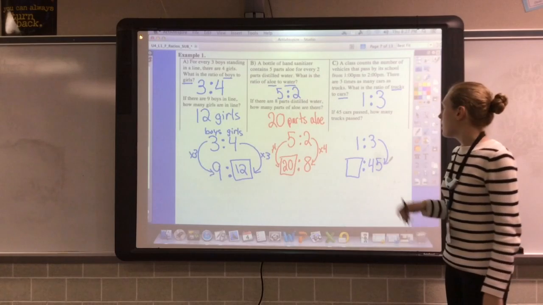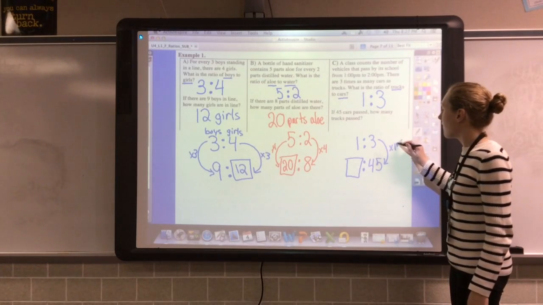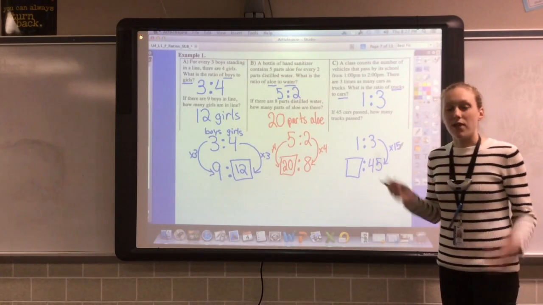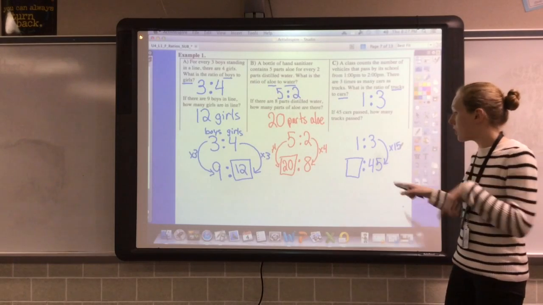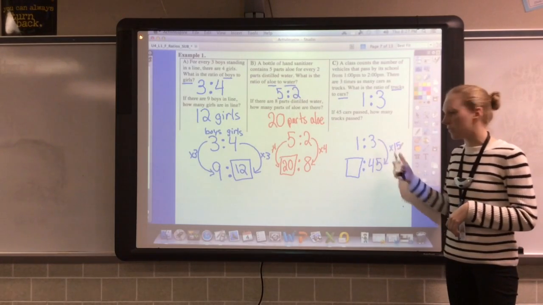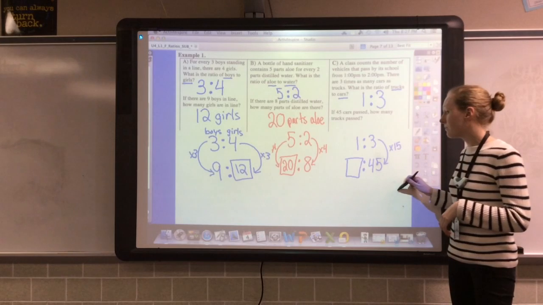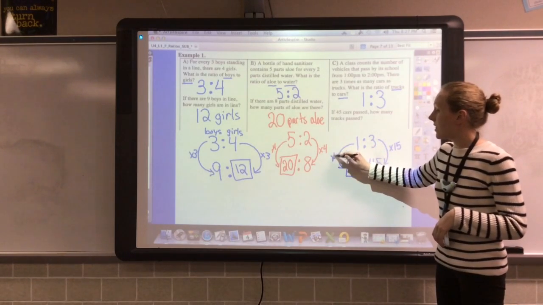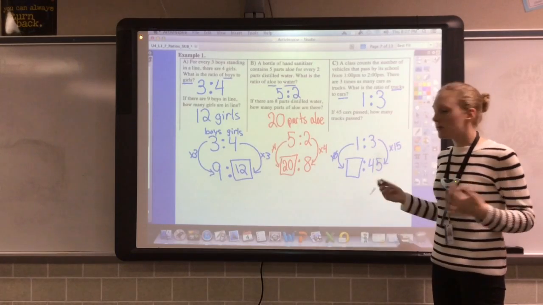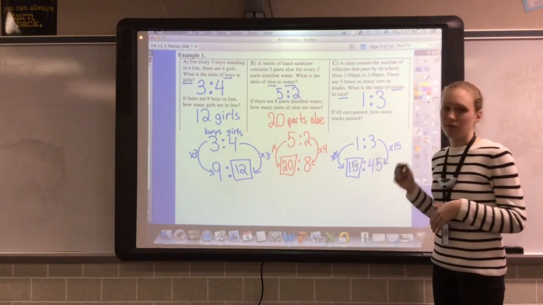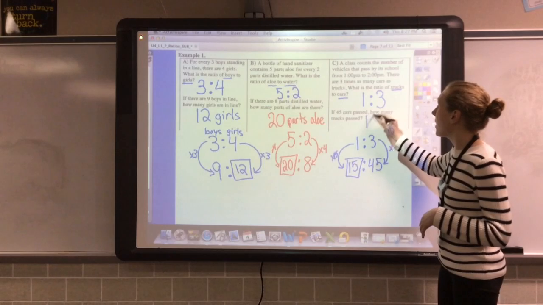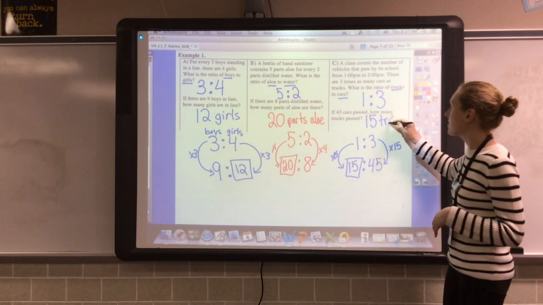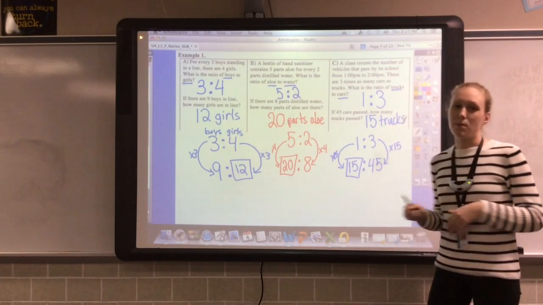We're going to have to multiply by 15. If that doesn't come to your head quickly, you can always do 45 divided by 3, and you're going to get that 15. Now I've got to take that 1, and I have to also multiply that one by 15. 1 times 15, we know is just 15, though. So we have 15 trucks that pass by the school.